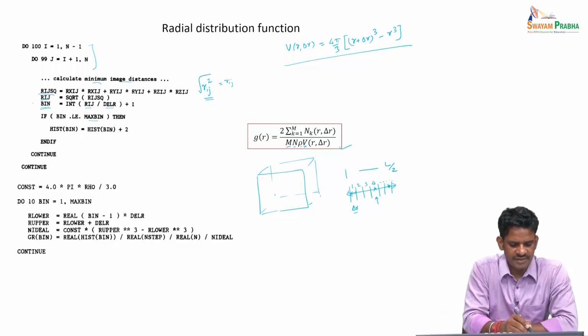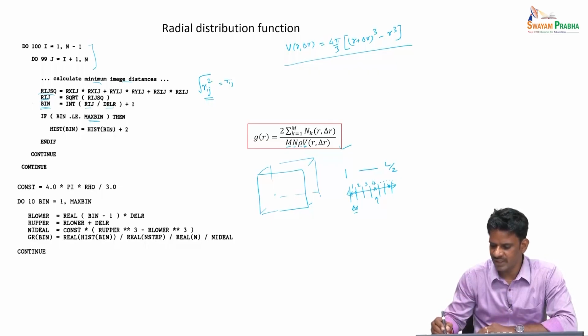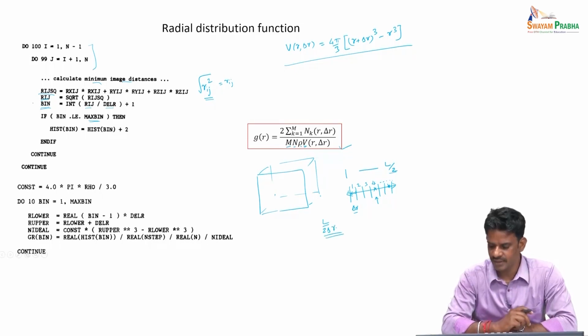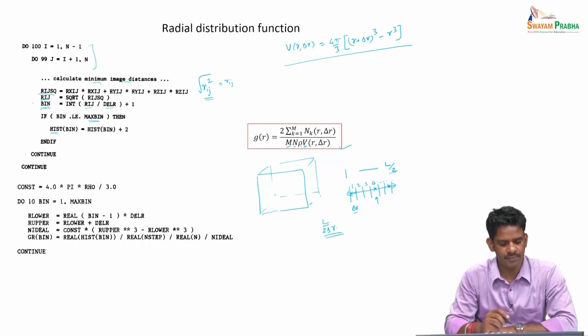We can also define a maximum number of bins, because we know the total length. It is not mentioned here, but the maximum bin will be nothing but L by 2 divided by delta r. So that would be your maximum bin. And now what we do is make a histogram. The histogram will keep counting the number of particles in that particular bin.